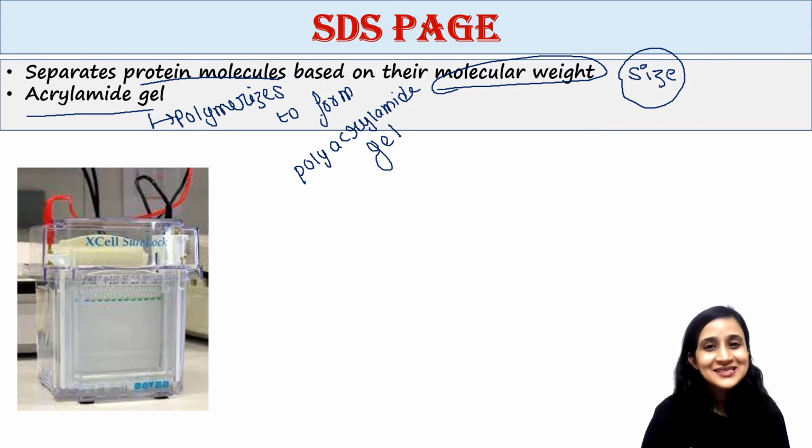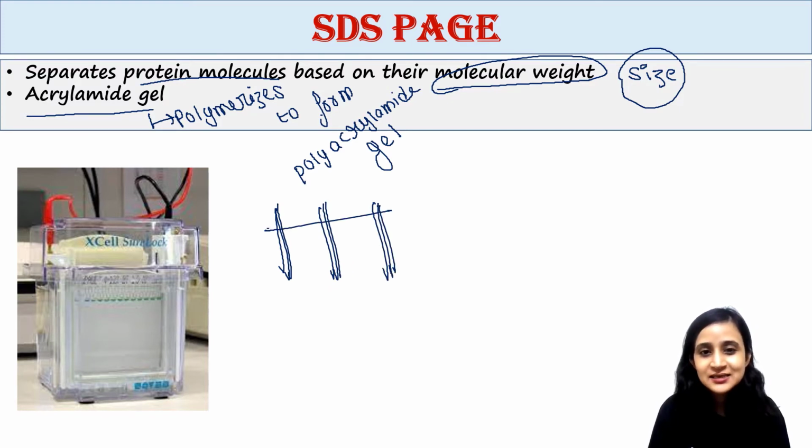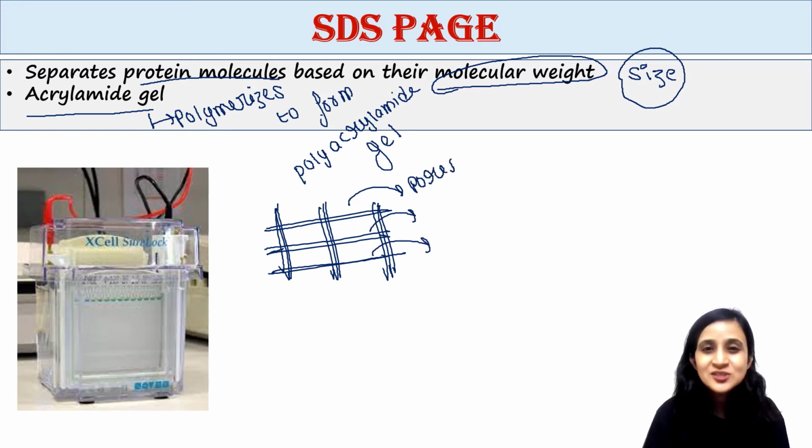This polymerized acrylamide, or polyacrylamide, forms a mesh-like matrix like this, and that matrix is suitable for protein separation because here you can see pores are formed like that, and through those pores protein molecules pass.